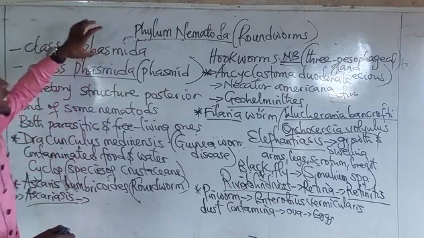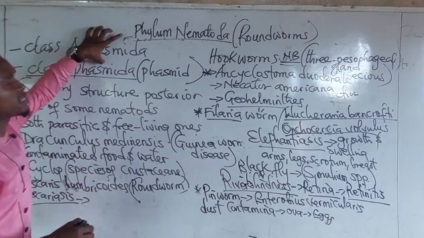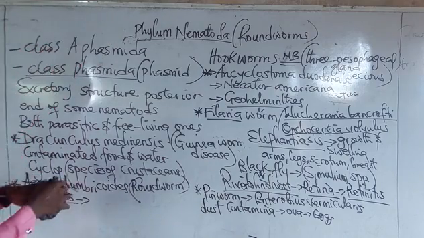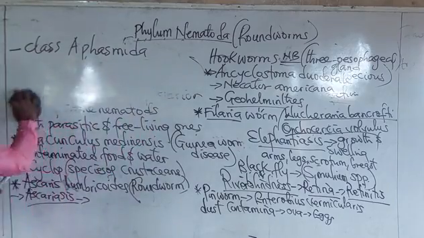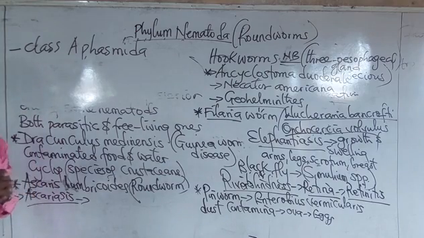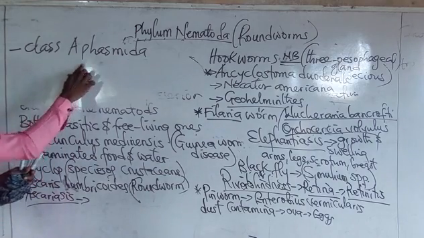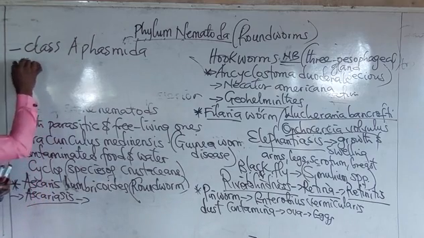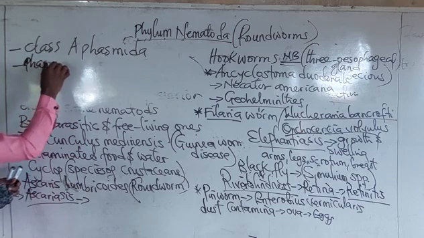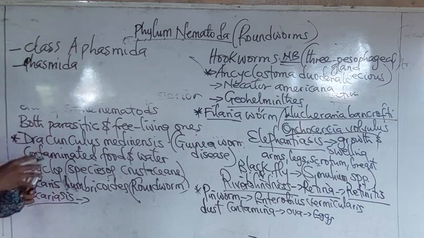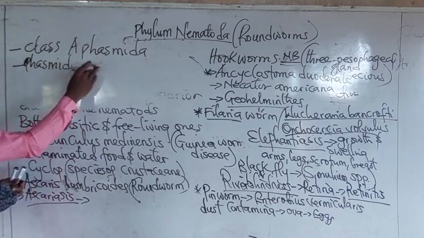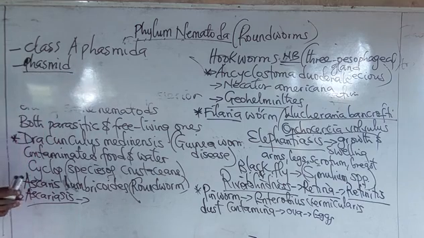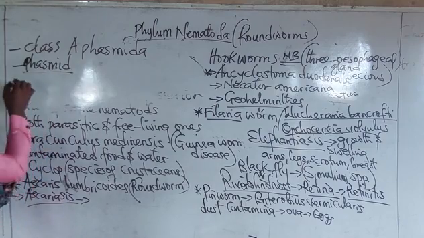It means that they lack phasmids. Class Aphasmida lacks phasmids, which means that class Phasmida possesses phasmids. Take note of that.